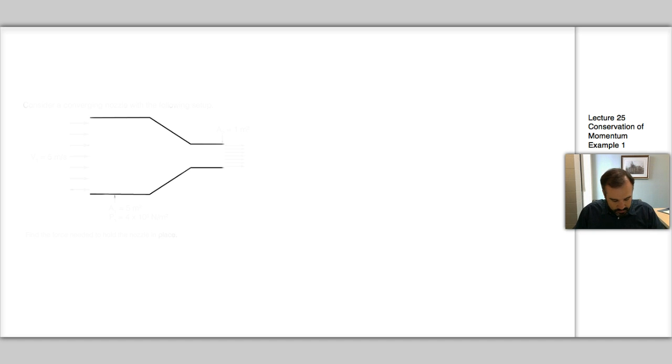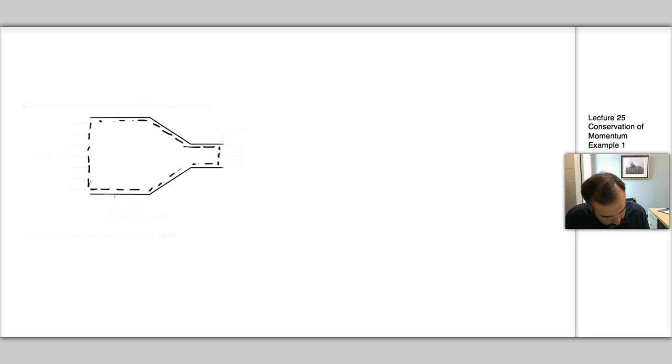So here is our nozzle again, and we have our control volume just like we defined it before. And since from our momentum analysis we already know that the only forces we're dealing with are in the x direction, we'll draw a free body diagram for the x direction. Okay, so what are our forces here?